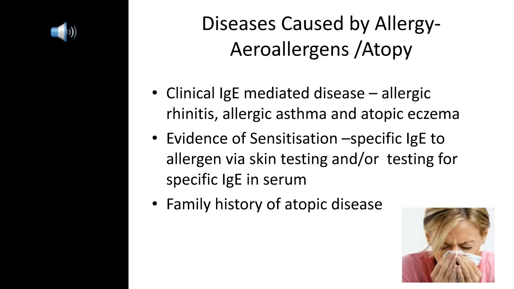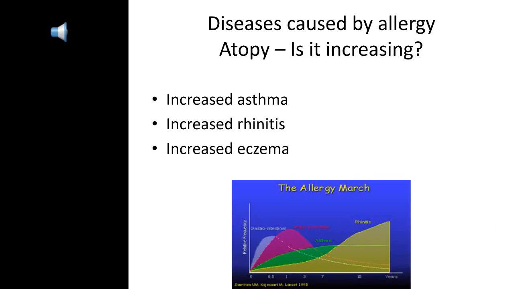So that's one big group that I deal with, and we all know that atopic disease is increasing, and it's increasing in a sequential fashion. There was an increase of asthma and asthma death to start off with. There's now an increase of rhinitis and eczema, and also an increase in particular of food allergy.